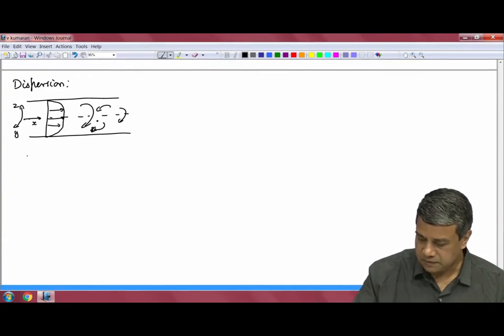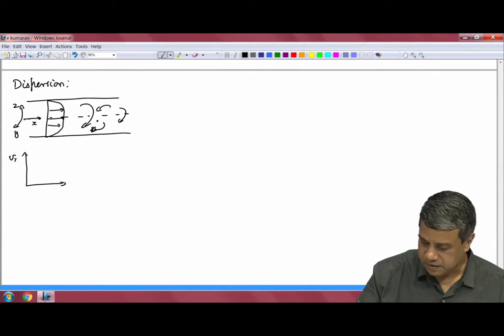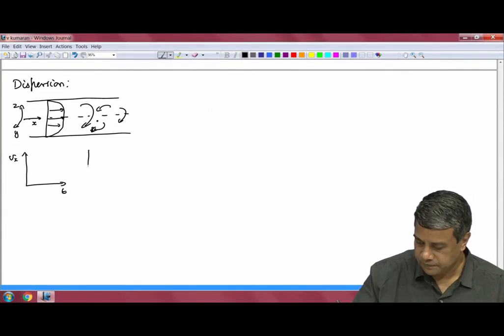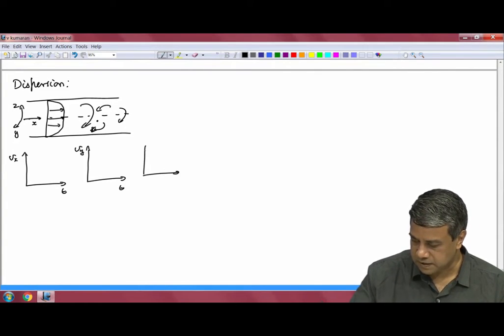If you plot the velocity at a point, the three components of the velocity say, Vx versus time, Vy versus time, and the third component Vz versus time.